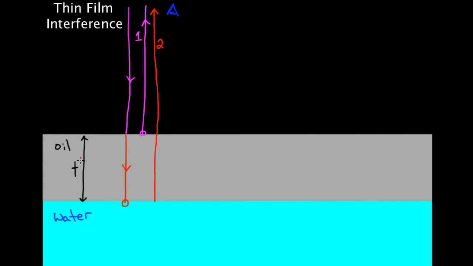How does the thickness of this oil and the wavelength of the light determine whether this is going to be constructive, destructive, or neither? Here's what we're going to do. We're not going to stray from what we know. What we know is that to get constructive interference, when we have two light rays, what matters is the path length difference. So if the path length difference is 0 lambda, or any integer lambda, you can just call this m lambda if you want, that's going to be constructive.